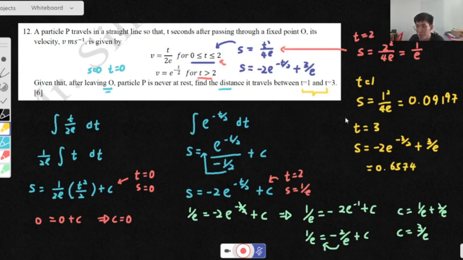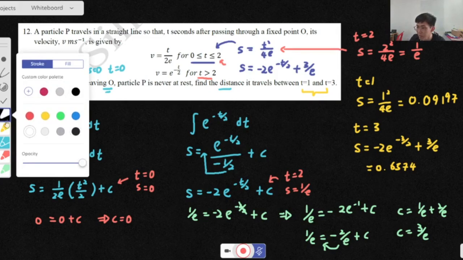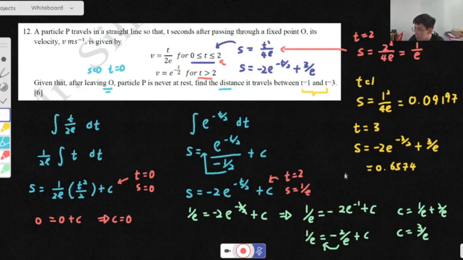So in total, I want to find from 1 until 3. From 1 until 3 means I don't need the first second. I want from the first second until the third second. When t equal to 1, s equal to 0.09197. But when it reaches t equal to 3 seconds, the displacement is 0.6574.